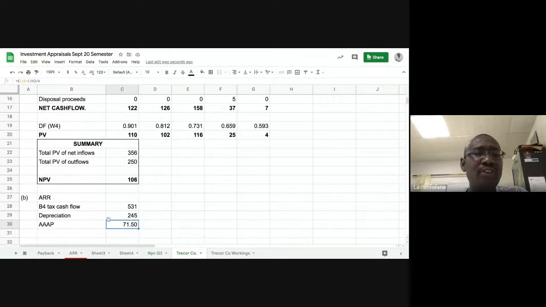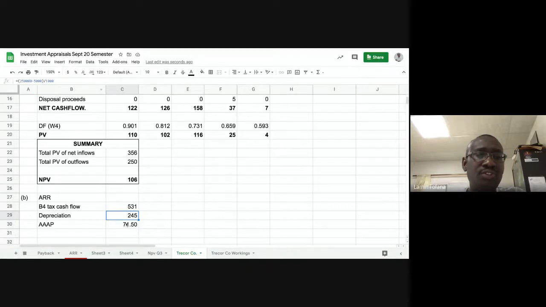Yeah, so what we have done is simple. We have done this before. Our accounting rate of return is exactly what we're going to do, and it's the same method. To calculate our accounting rate of return, we need our average annual accounting profits, which we are trying to calculate here. We've got our cash flow already. We calculated our total depreciation, which is the cost of the asset less scrap value.